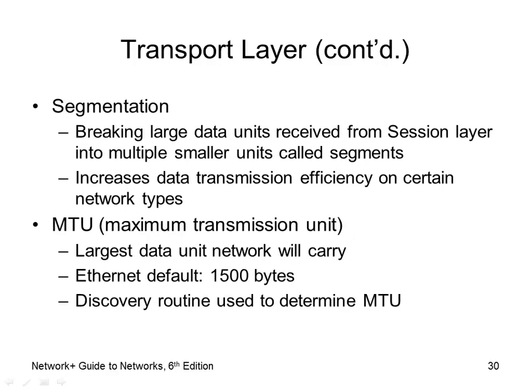Other things that happen at the transport layer is segmentation. Segmentation is very important because it breaks up larger packets of data into smaller packets that can actually be sent out on the network. Let me give you an example. When you go to bipsy.com or bipsy.edu's webpage, the graphic at the top of the page is maybe 25 or 30K in size.